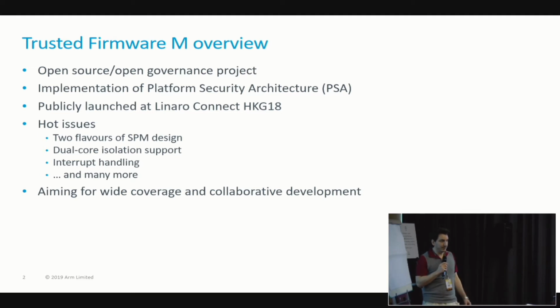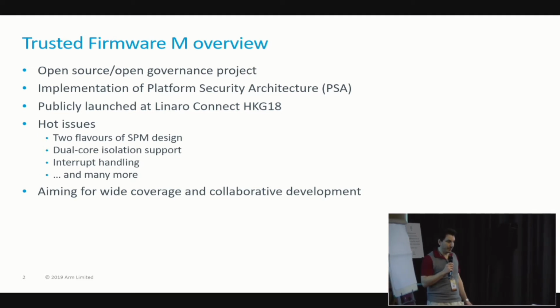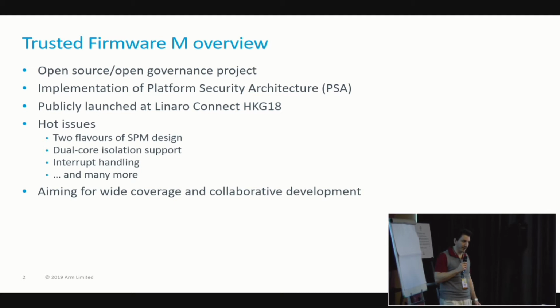We have dual core support investigation ongoing. We are looking at interrupt handling, and many more hot issues are on the plate for this year as well. What we are aiming for is wider coverage of use cases than we had in the last year, and we are looking for collaborative development. So we're looking for everyone to get in the kitchen.